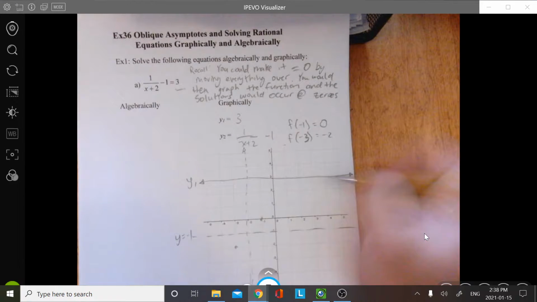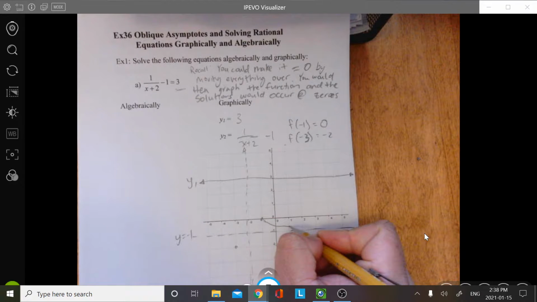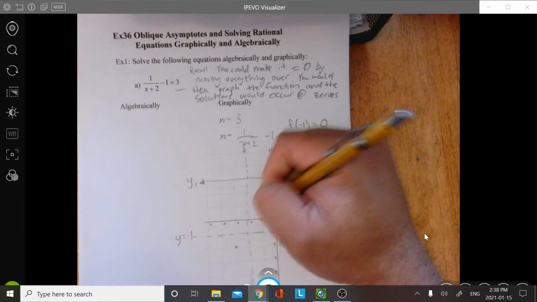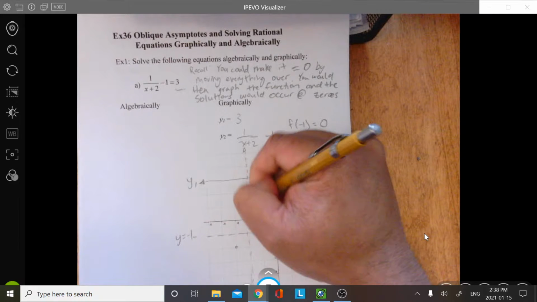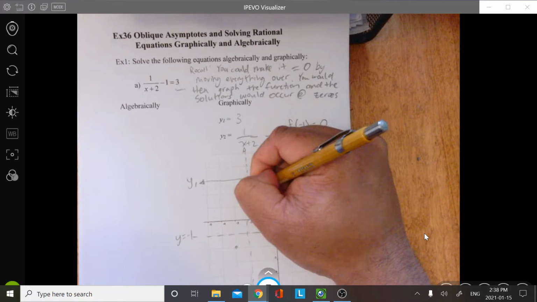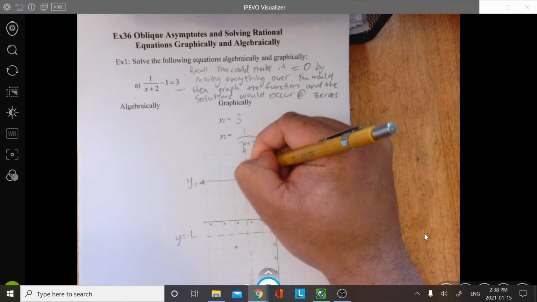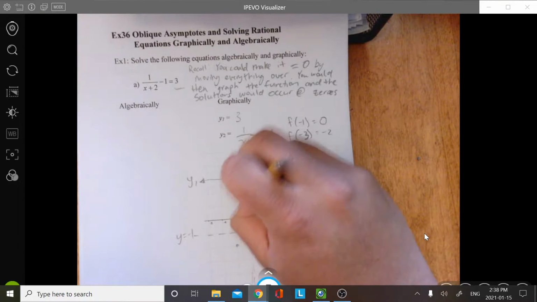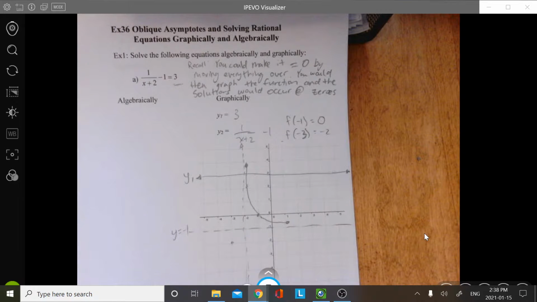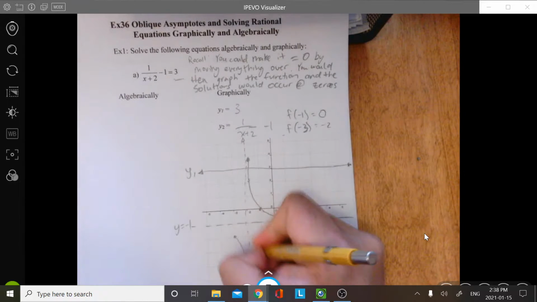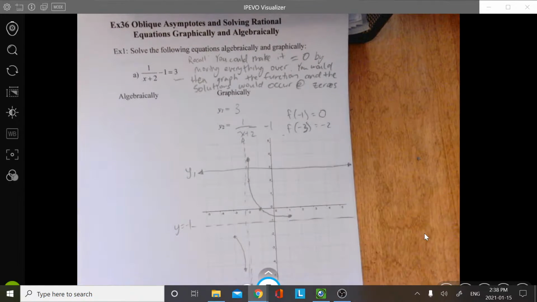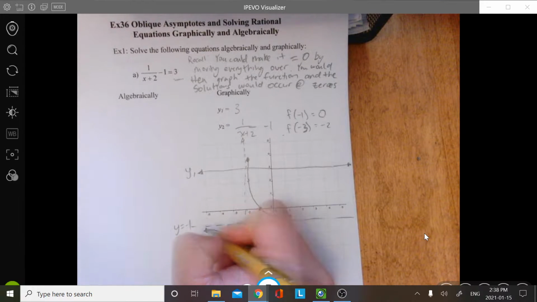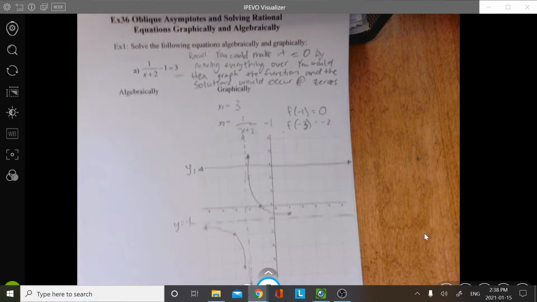So if we were to draw a sketch graph now, we have our asymptotic behavior, so it's going to approach our asymptotes. Let's sketch this a little bit further here. And the same thing for this lower arm, it's going to approach the asymptote.